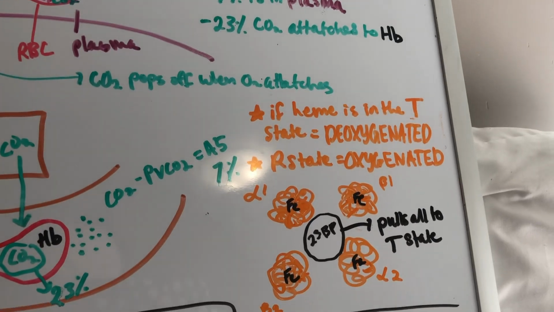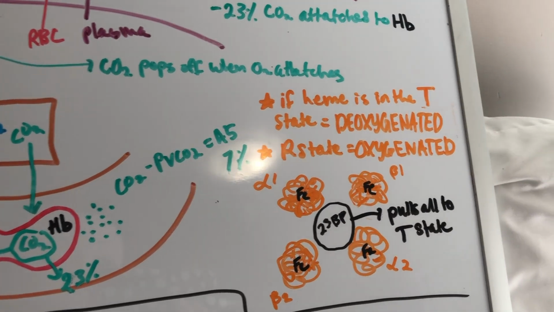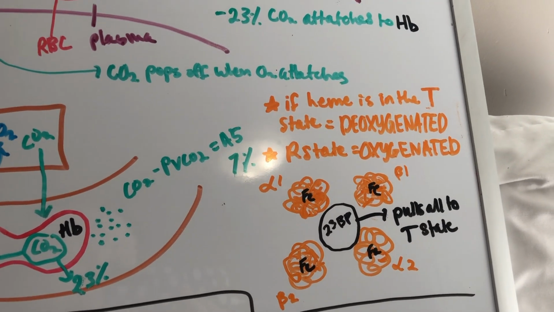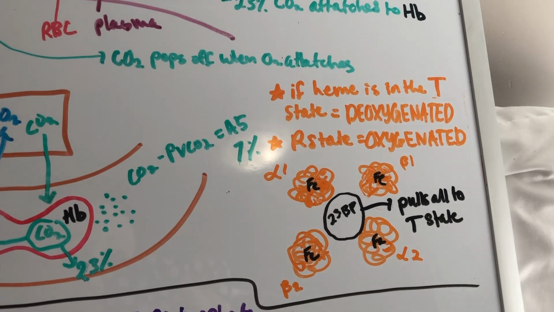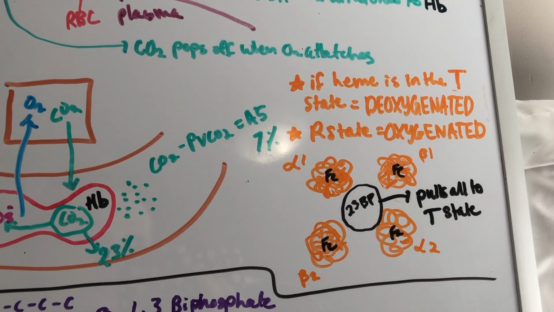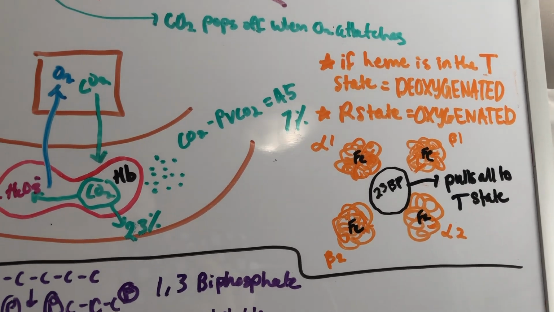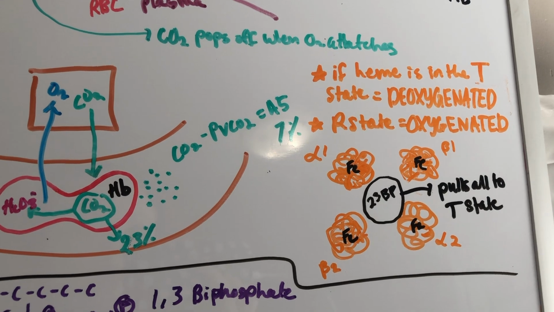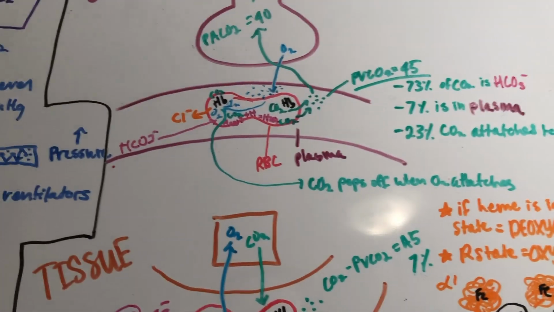So up here, if heme is in the T state, then it means it's deoxygenated, and the R state is oxygenated. And this is going to influence whether we have CO2 or H2O, which we'll describe.